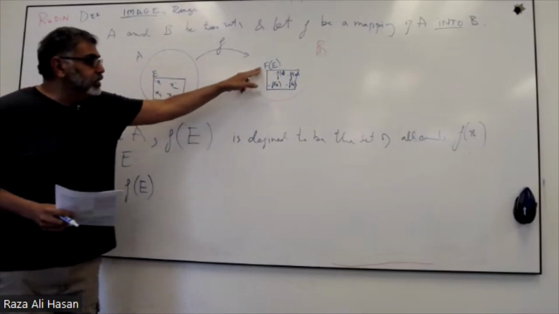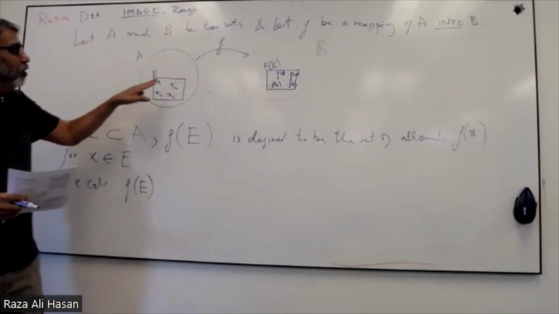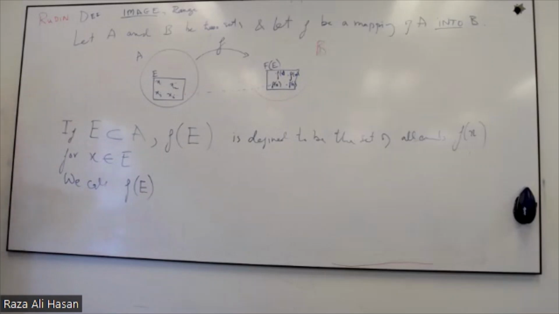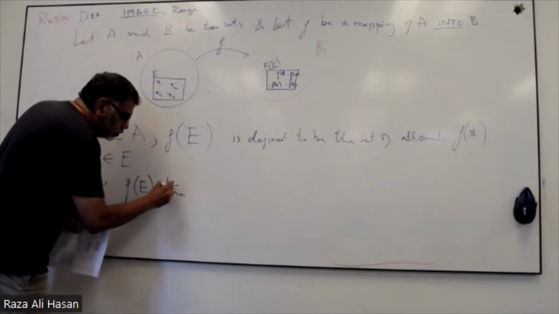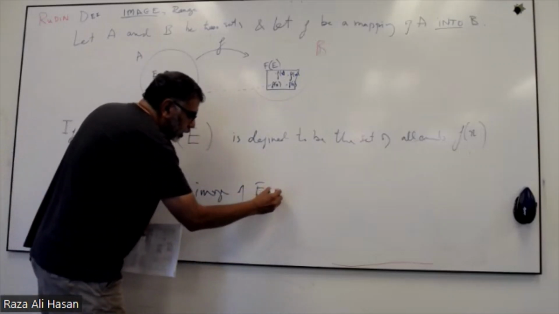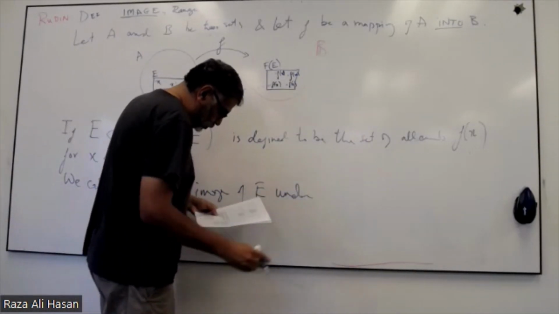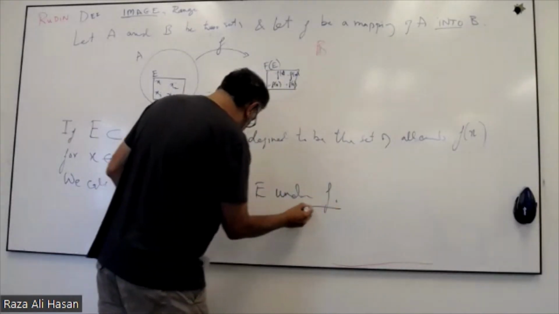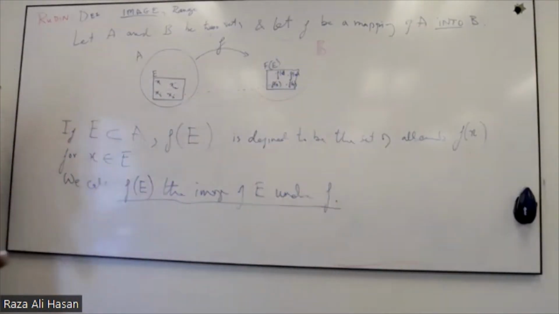So this is a set of images of set E. So we call the set f of uppercase E, the set that you put in as the image of E under f. This is just this kind of concept right here.